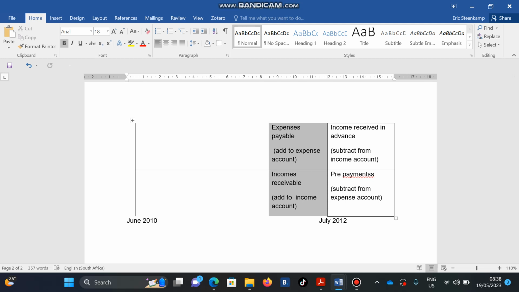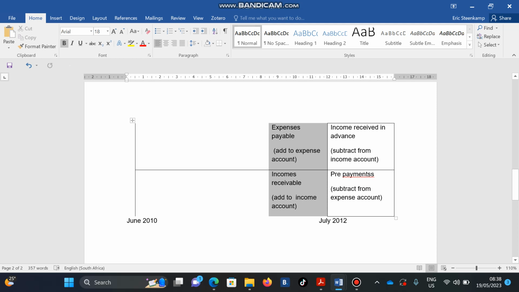An example would be salaries that are only paid for 11 months. And we know that there's one month outstanding, which means we would divide that amount by 11, get the 1 month and add it back. Same here, rent is only received for 11 months. The same principle would apply. We need to figure out what the outstanding months are.